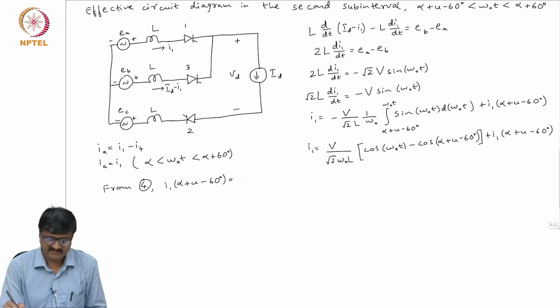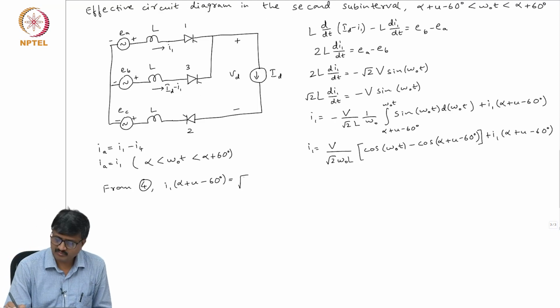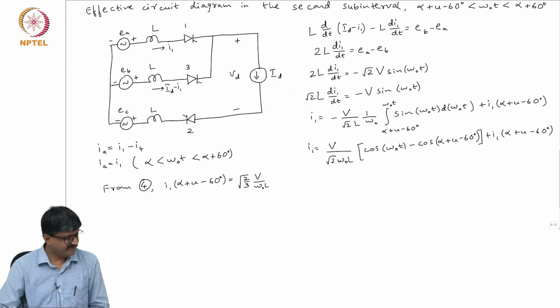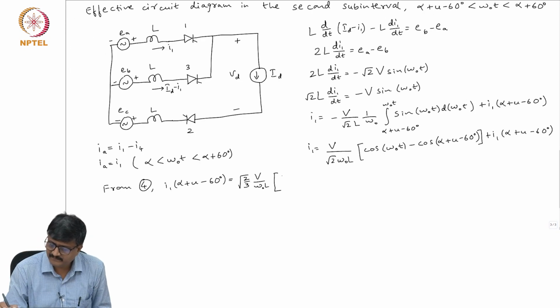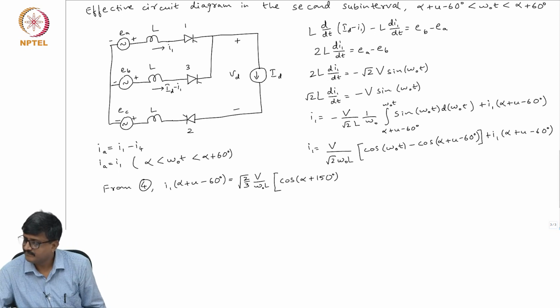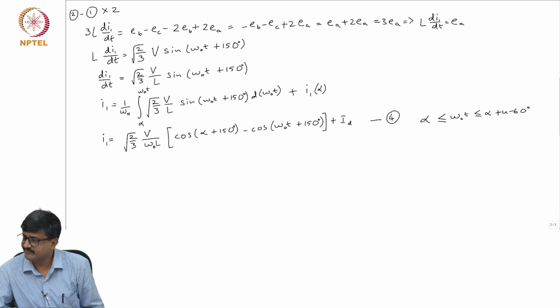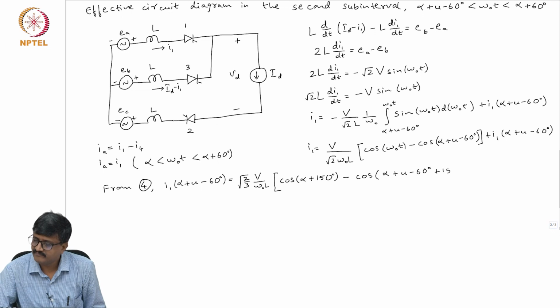So, what we get is root 2 by 3 V by omega L, cos alpha plus 150 degrees minus cos of alpha plus u minus 60 degrees plus 150, plus ID.